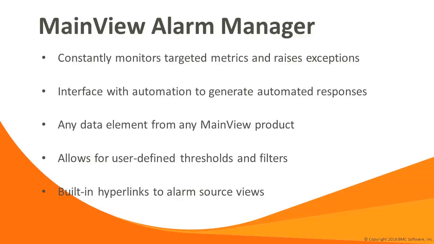And it can monitor any view data element from any of the MainView monitors. Alarms are triggered from user-defined thresholds. Filters can be set to limit what records are evaluated for the alarm definition. A nice thing about alarms is they contain built-in hyperlinks to the source view of the alarm. The Make Alarm dialog is supported for both the 3270 and Explorer interfaces.